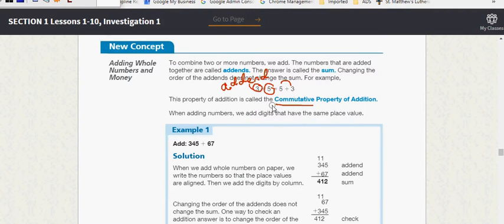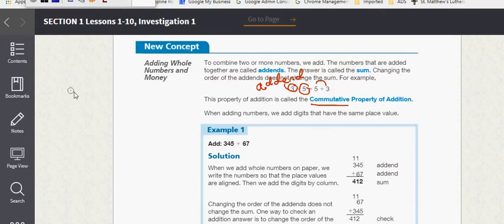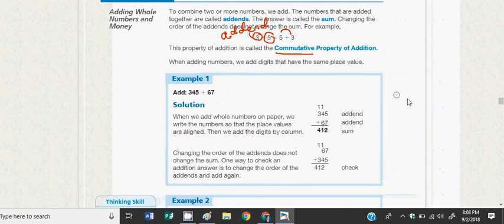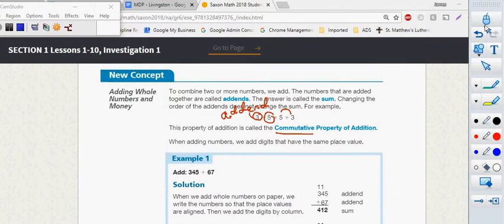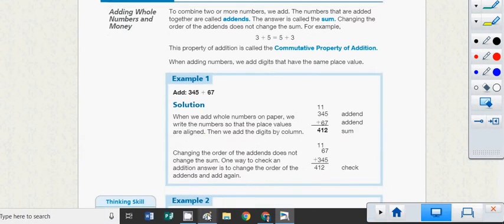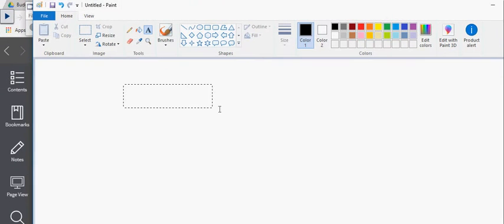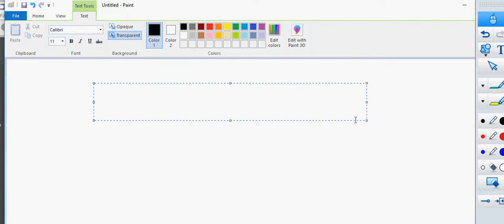So if you would open up your math notebook, and at the top you would just write something like Lesson 1 or LS1 if you want to use some kind of abbreviation. And then skip a line down and start to keep track of terms. Sum was the solution or answer in an addition problem.